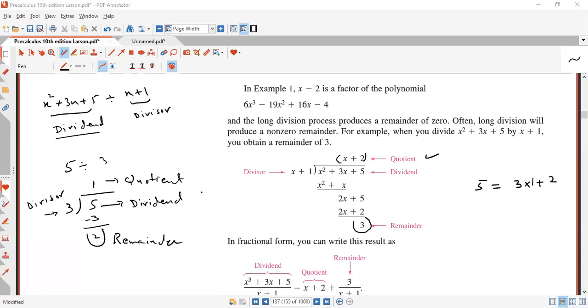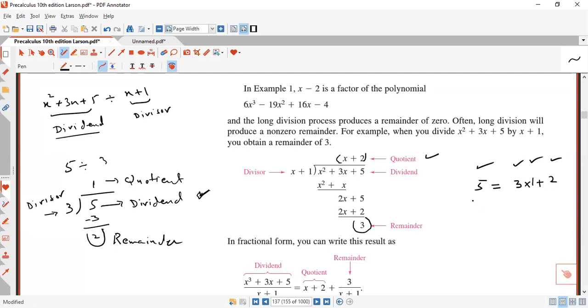So in this example, if you divide 5 by 3, then this 5 can also be written as 3 times 1 plus 2. So what is 5 here? What is 3? What is 1? What is 2? In general, we have a relation that I am going to write.